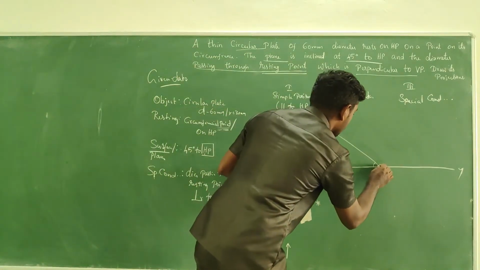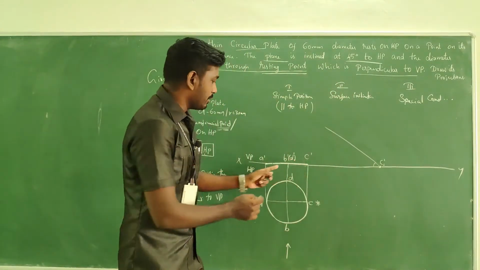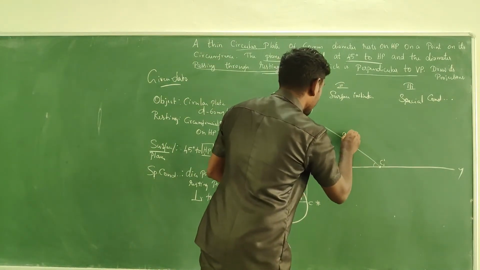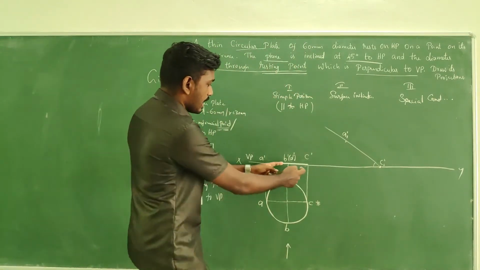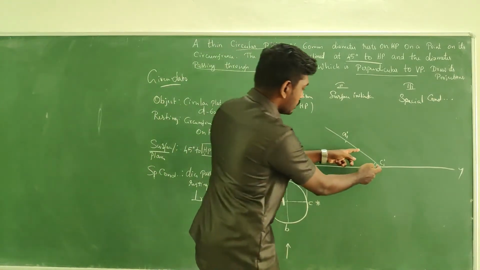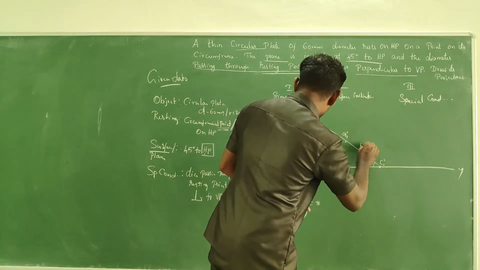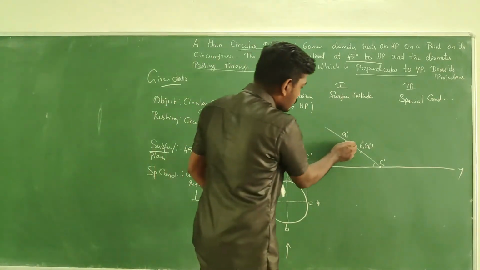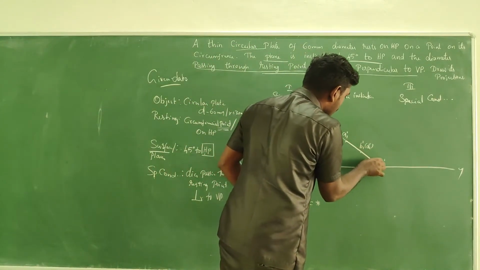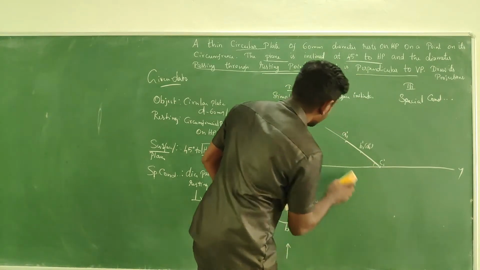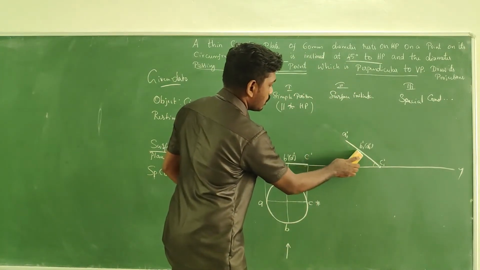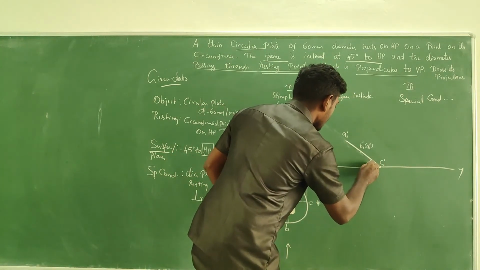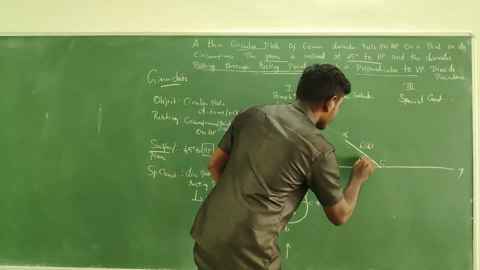So I am going to take this point as C1 dash, and by measuring C to A, I am going to transfer it, and this will be A1 dash, and taking the measurement C to B, just transfer it, you get point B1 dash and D1 dash. Now you draw a dark line between A and C, you will get the trace for the surface inclination in the front view. So this is with the angle 45, note it down.